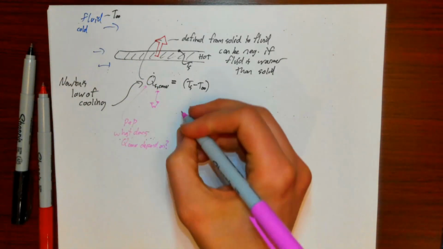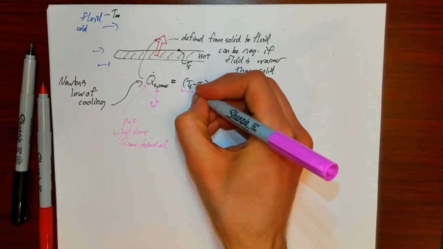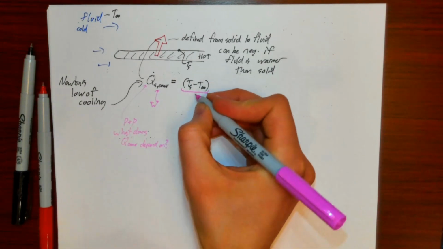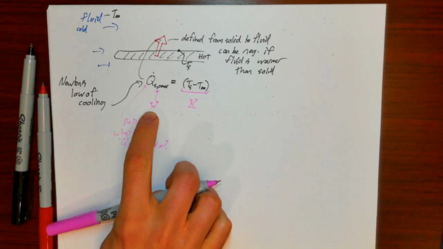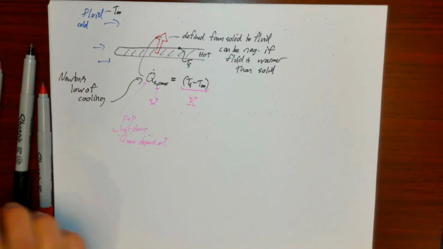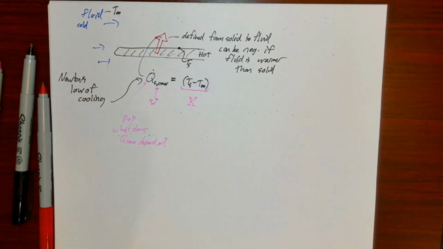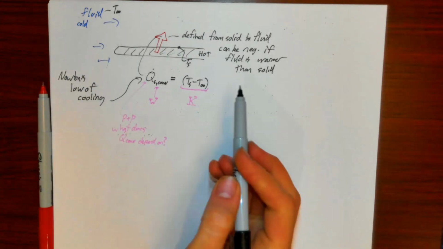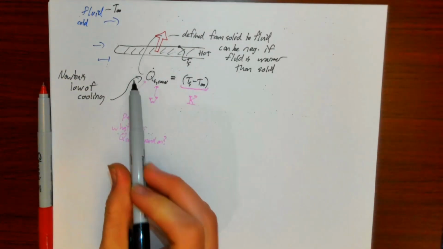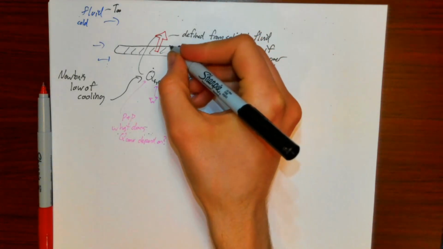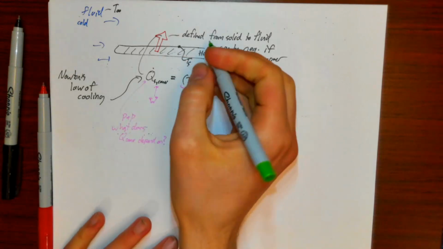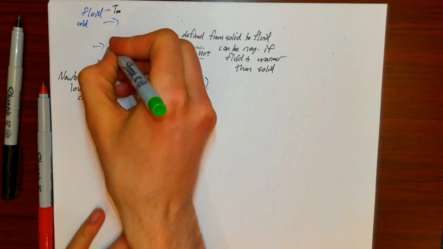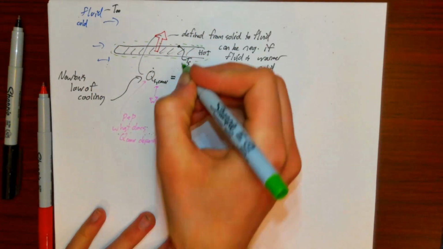But baby you-know-who would, of course, be very upset about this, because temperature difference is going to have units of Kelvin, and we have watts over here on the left-hand side. So we're going to need some other stuff on the side here. So what else might this convection depend on? Well, it's also going to depend on the surface area of the solid that is in contact with the fluid, right?